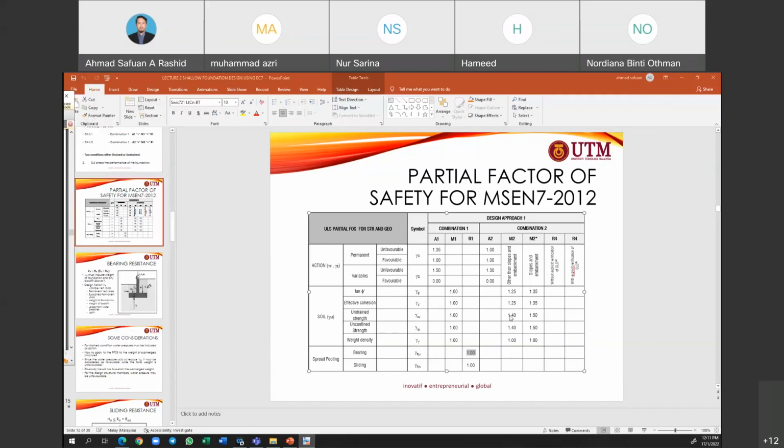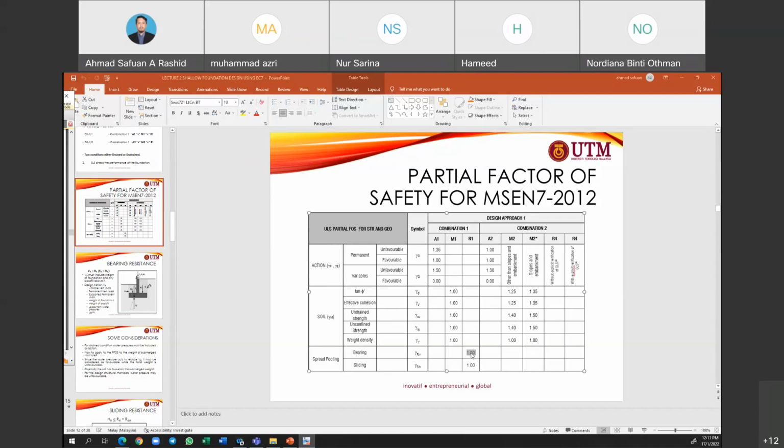So for example, for this case, M2, for the undrained strength, we are using the undrained strength because the water is far. So the undrained strength factor is 1.4, the same as Smith, 1.4.